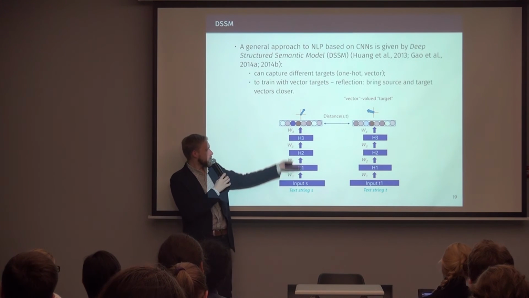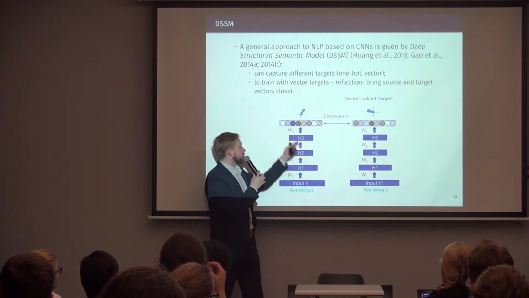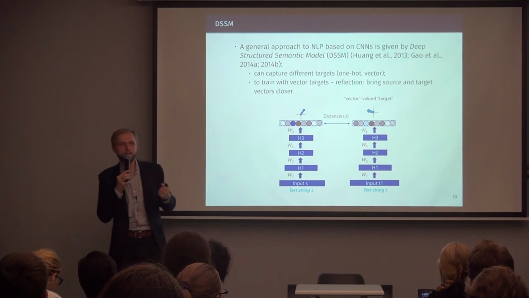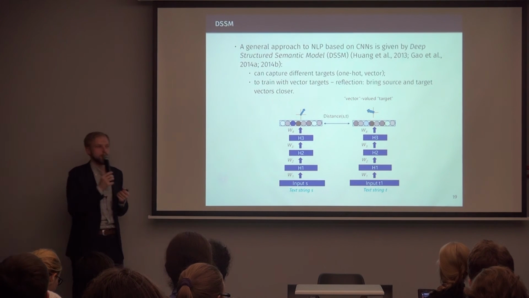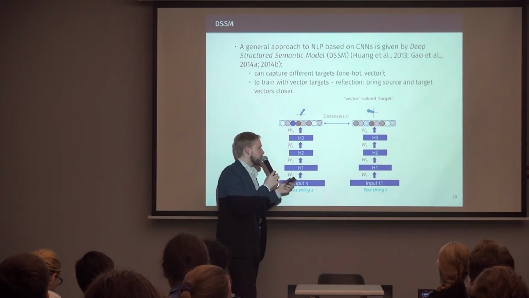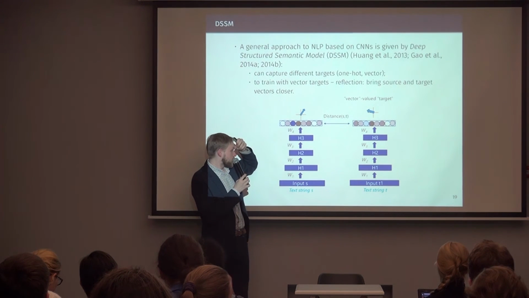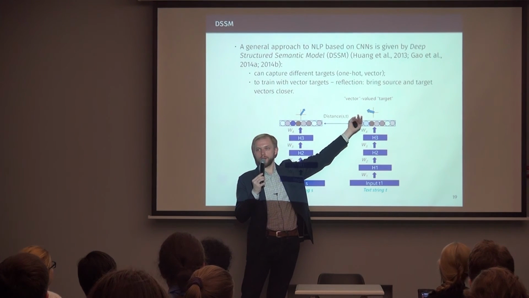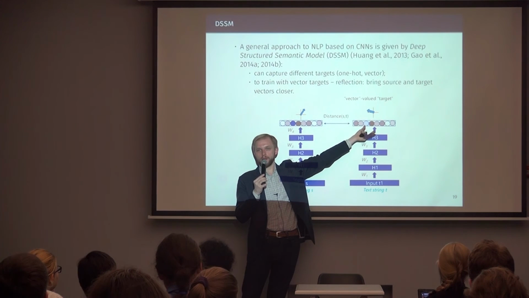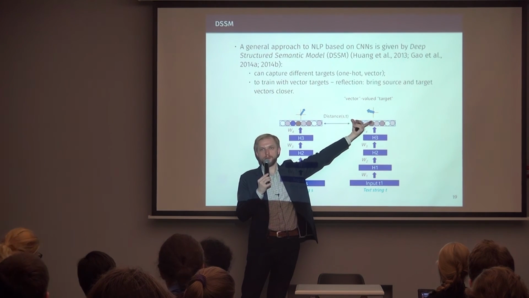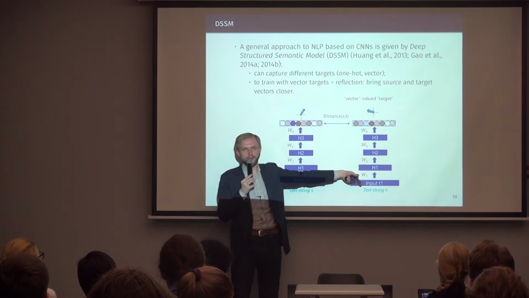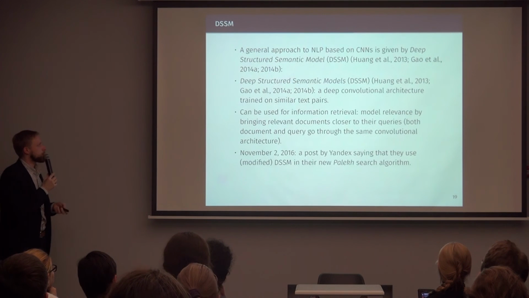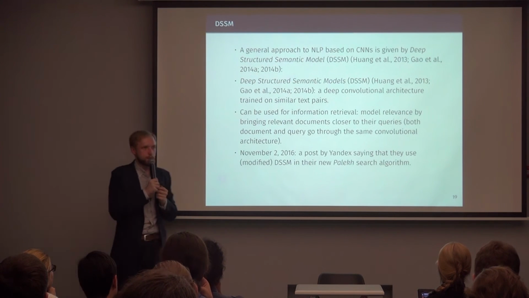So you can use this network twice and, for instance, if you have a database of paraphrases, coming back to the conference topic, then you can try to make these top layer hidden representations more similar for actual paraphrases and pull them further apart for non-paraphrases, okay? And this also kind of works. I will skip this.